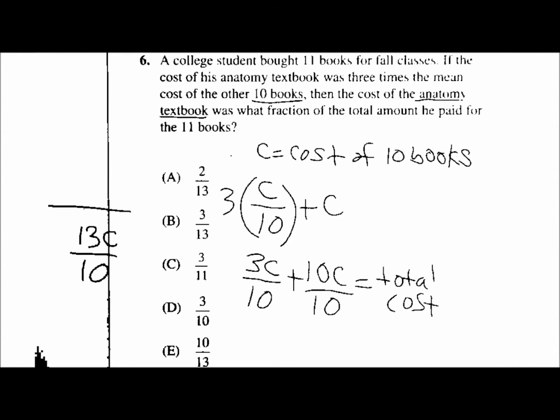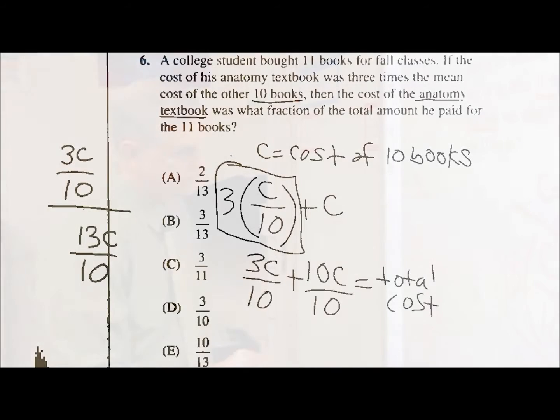And we're making a ratio here because we want to come up with a fraction. And we know that this was the cost of the anatomy book, and we want to know what the ratio is of these two. So I'm going to go ahead and multiply, it's 3C over 10.